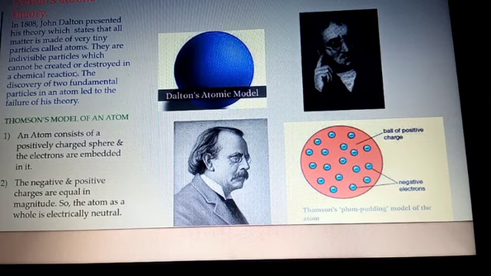So when any chemical reaction is taking place, the atom is the smallest particle. You call it an indivisible particle, which can neither be created nor be destroyed in a chemical reaction.